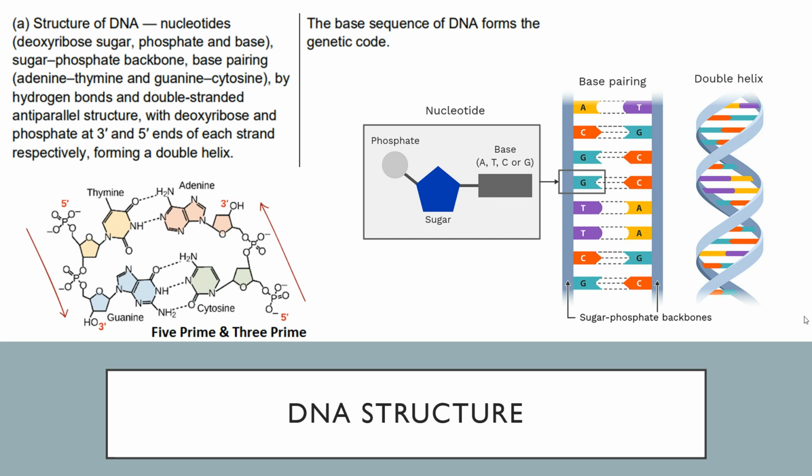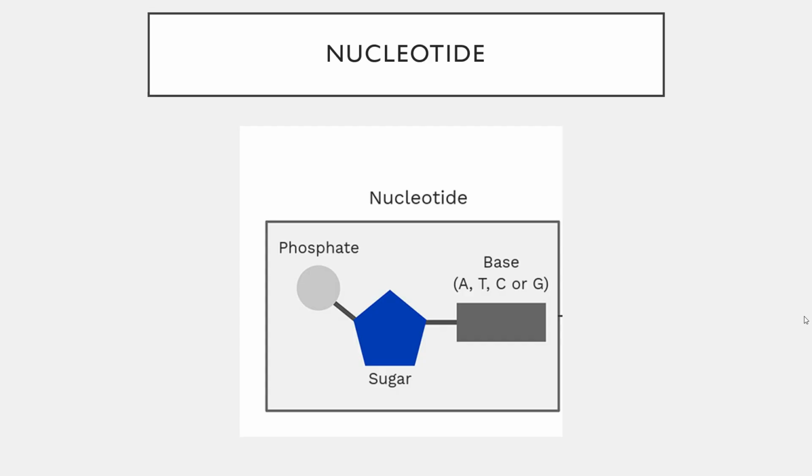And because DNA is double stranded, we also have to take into account directionality, the anti-parallel nature, where the two strands run alongside each other but in opposite directions. So we'll break down the structure of DNA into its key components.